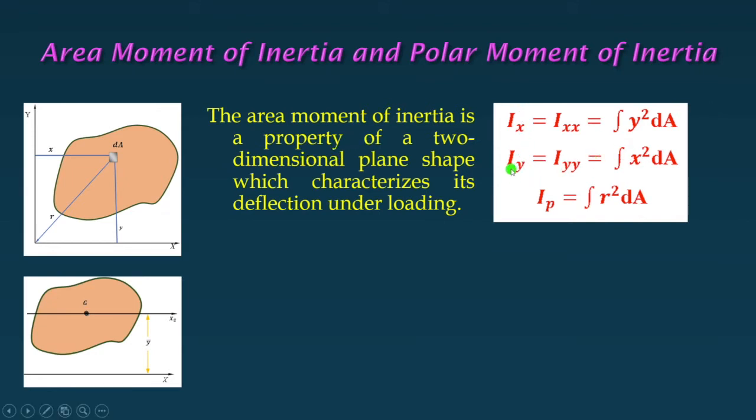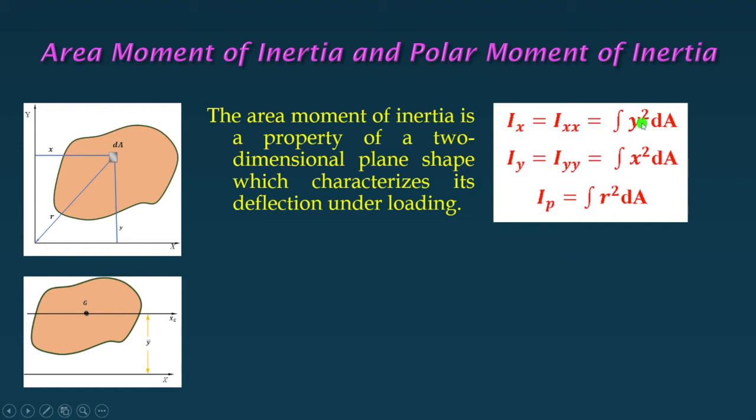Both calculations are similar. Now in the case of Iy, about the y axis, what's the distance? It is x. So Iy, or Iyy in some books, equals x squared dA. Here we are avoiding the two-subscript term, and that's why we simply represent it as Ix, not Ixx.